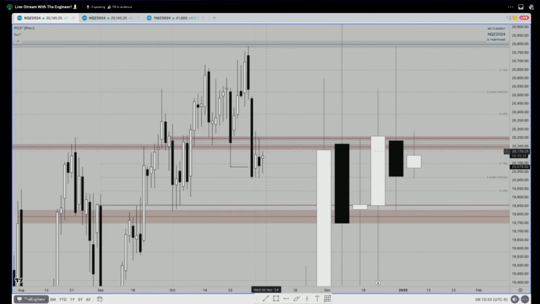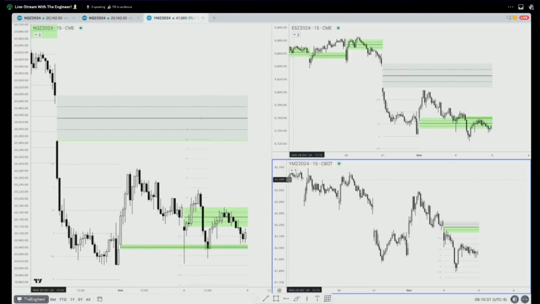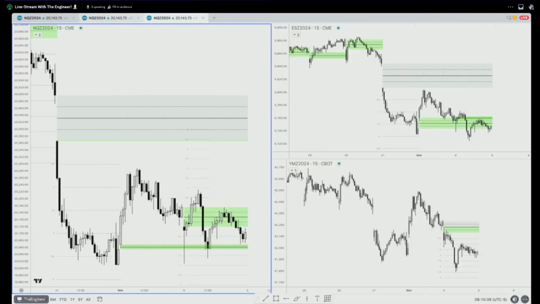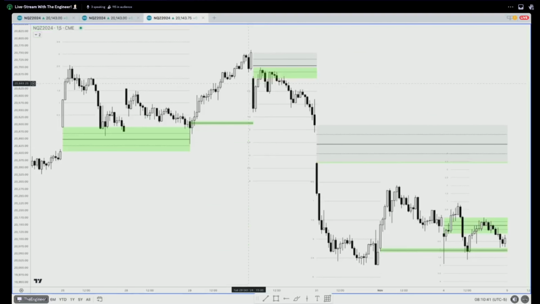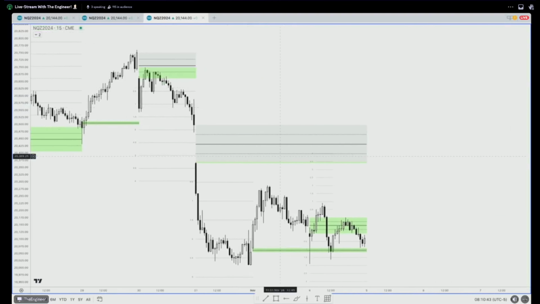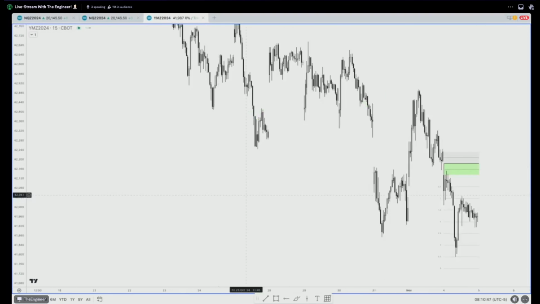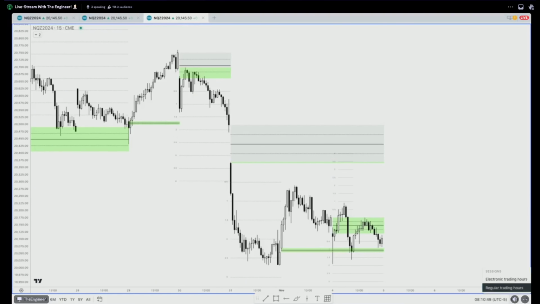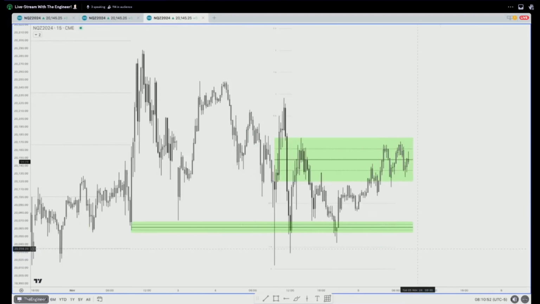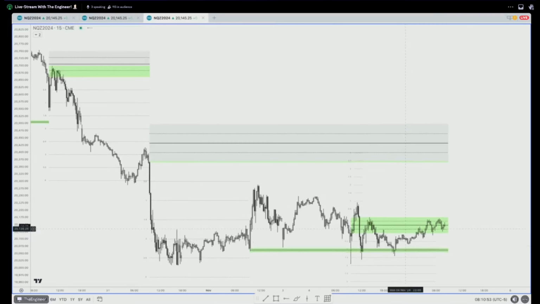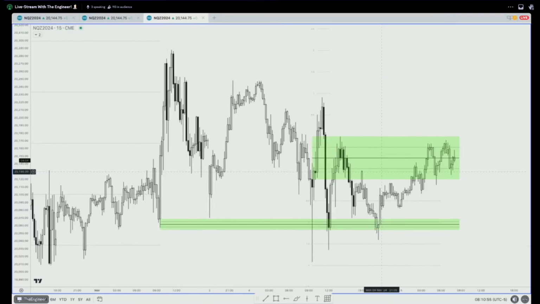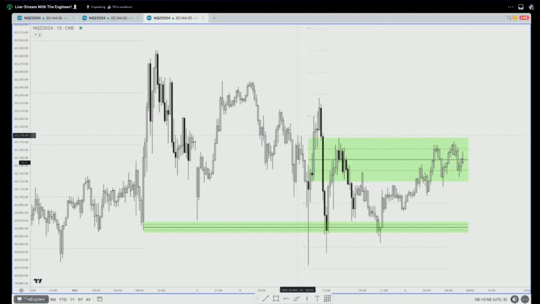I will use this chart now to frame my trade based on what I'm expecting.